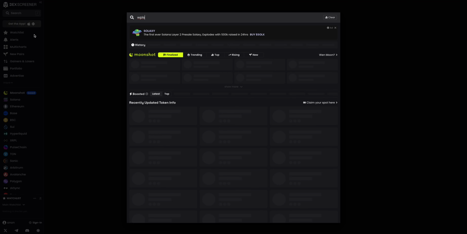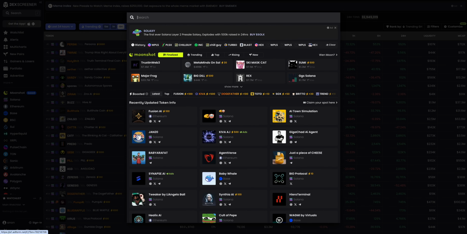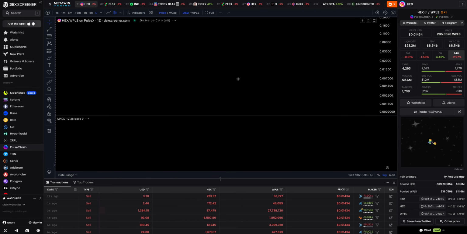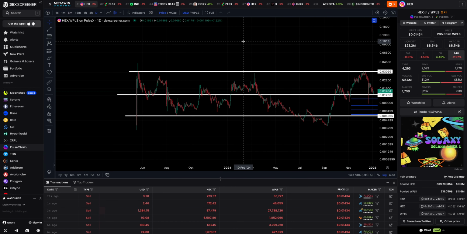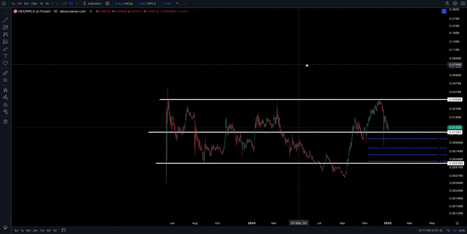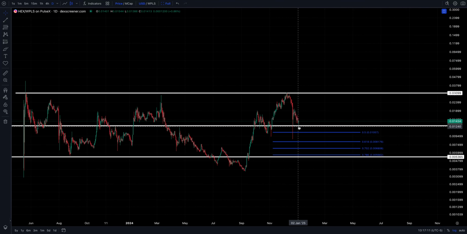Now let's take a look here at HEX over here. Now HEX is doing exactly what we said in the previous video. It's come down to the median over here, and it's holding the median.